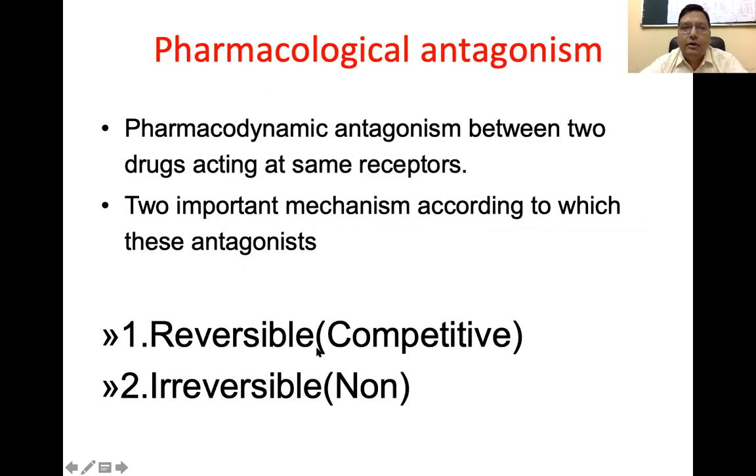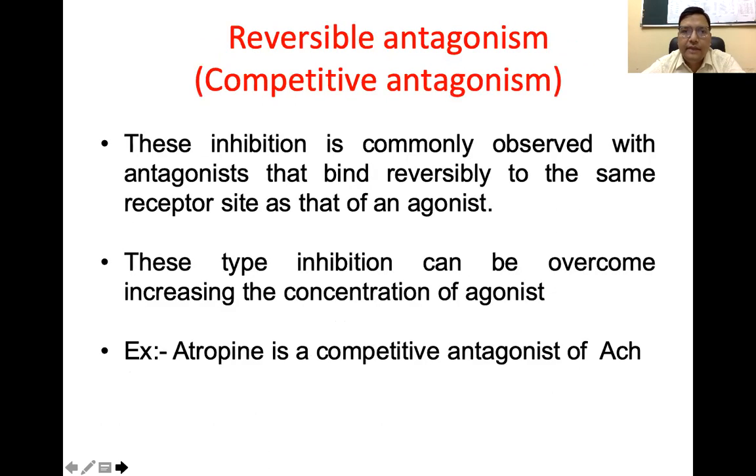Similarly, pharmacodynamic antagonism is there between two drugs which are acting at the same receptors. This antagonism can be reversible or irreversible. Reversible means competitive and the irreversible is the non-competitive one.